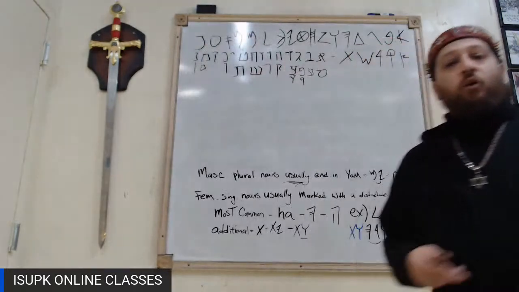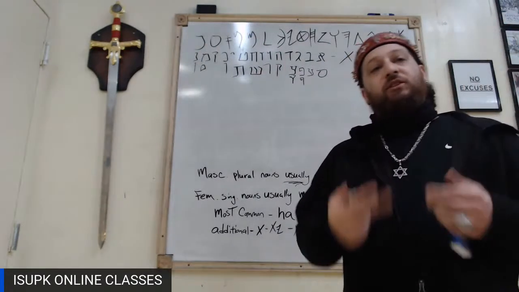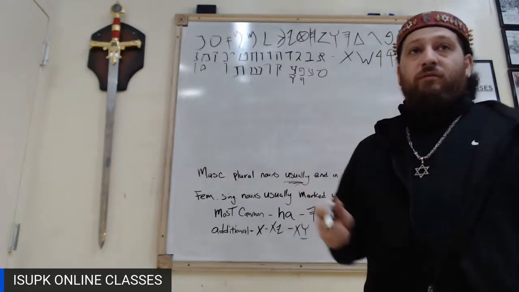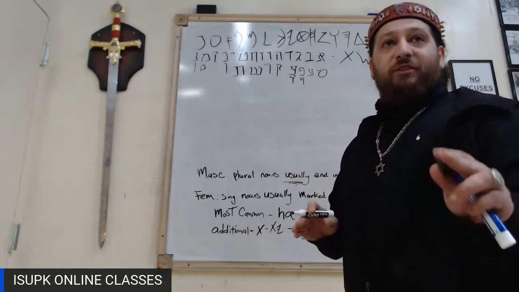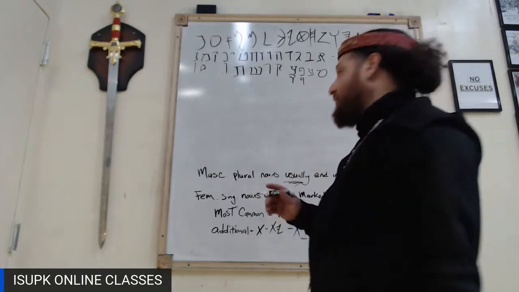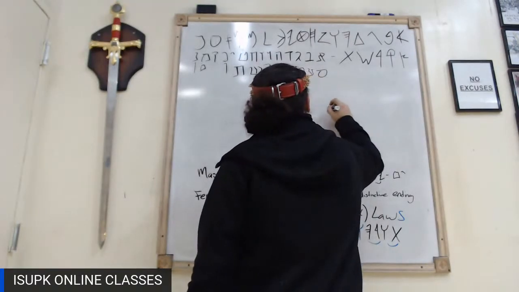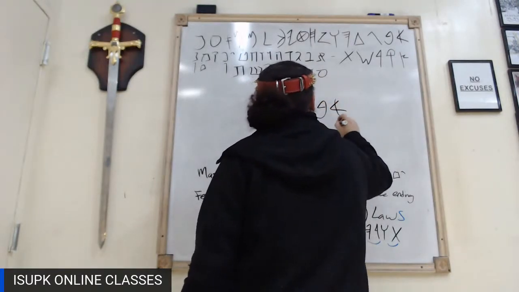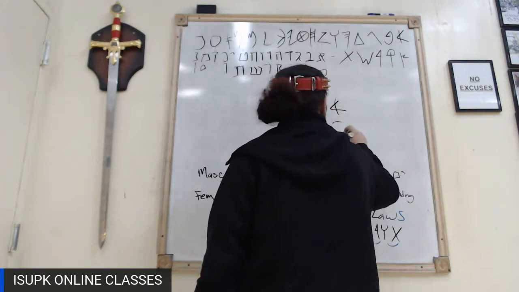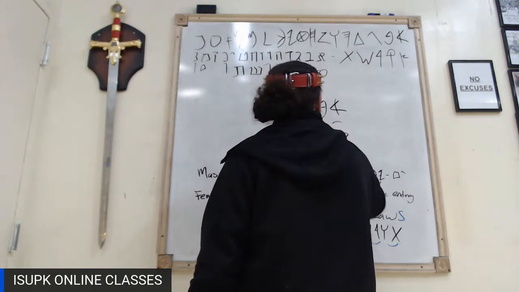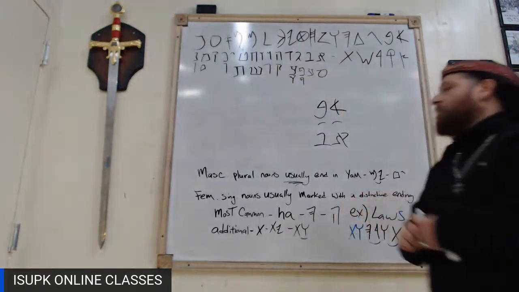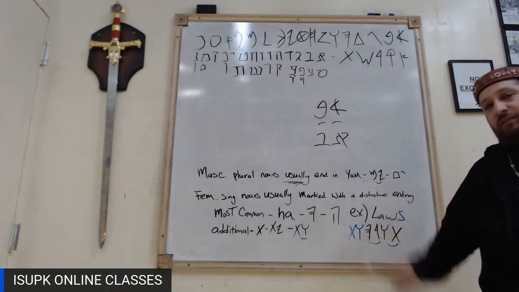So I told you some have exceptions to the rules. Shouldn't have told you that. Should have asked the question first, but I'll give you an example. What word is this?